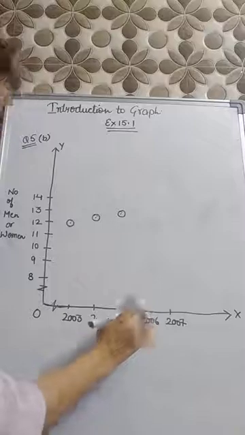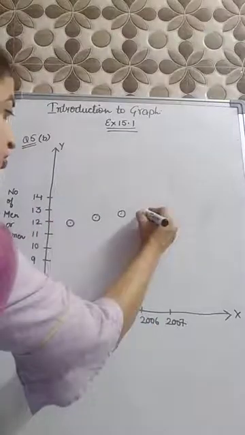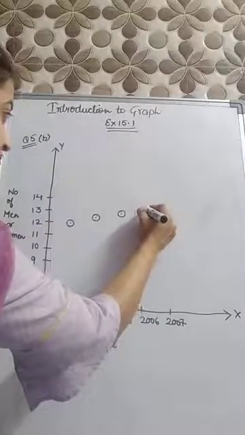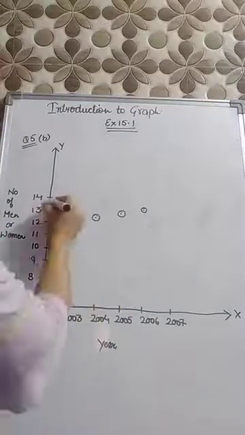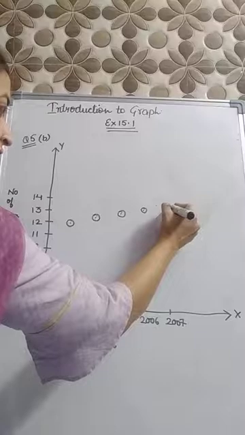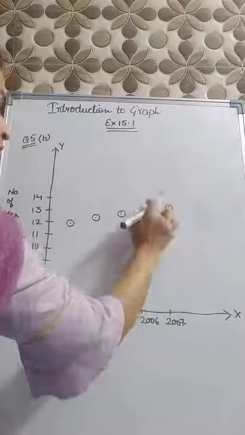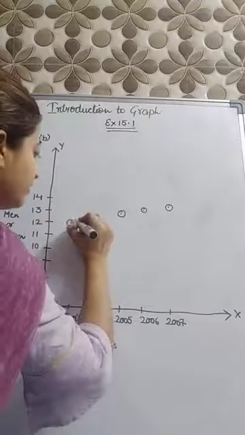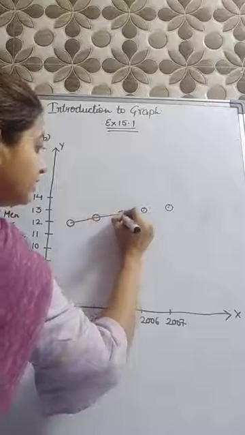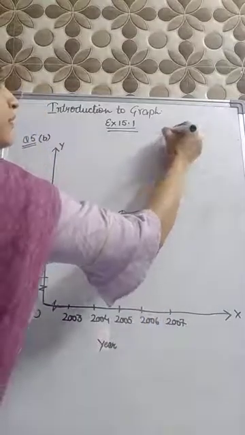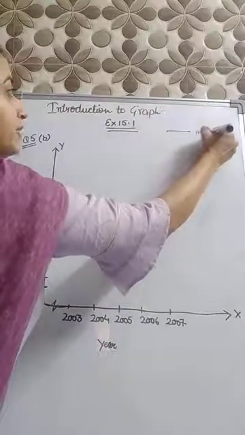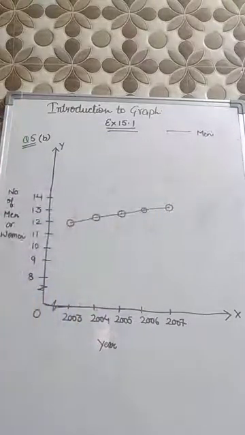In 2006 you have 13.2, slightly above the 13. In the next you have 13.5, so this is your 13.5. Now let's join them with a line. This solid line will represent your men, which you will write in your details.